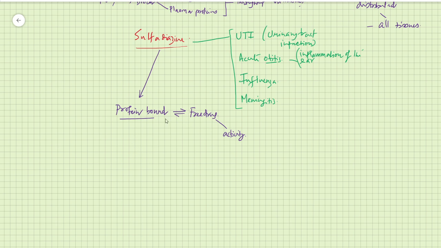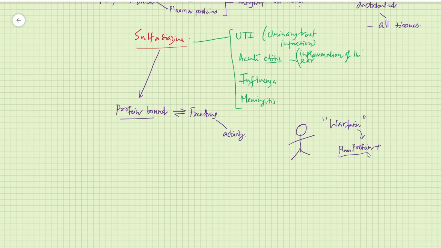All right. If they are protein bound, then it is likely that if you give another drug which was previously protein bound, there may be a problem. Let's say there is a patient who was initially on warfarin. When you give warfarin, it is also highly protein bound. It forms a combination with plasma protein.